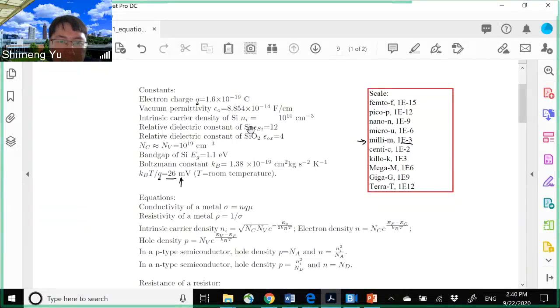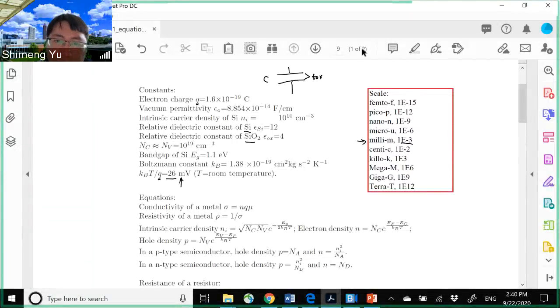And then the dielectric constant of silicon and silicon dioxide. So this is the relative permittivity. If you have a plate capacitor, you have the total capacitance C, and it depends on the distance, the oxide thickness, let's say TOX.